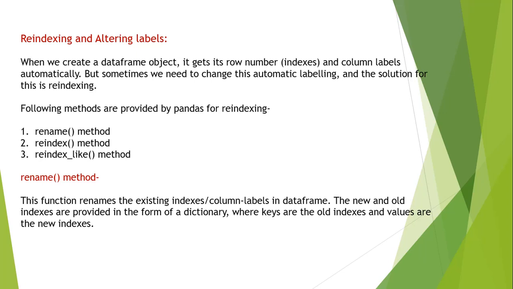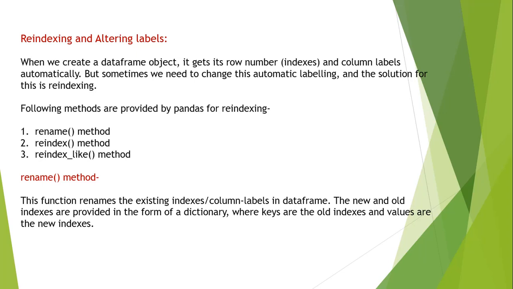Now the new and the old indexes are provided in the form of a dictionary. As you know, whenever we create a dictionary in Python, we have to give it in key-value pair form. So when we put these indexes in the form of a dictionary, the keys are the old indexes, that means whatever index was already there in the data frame, and the values will be the new indexes.